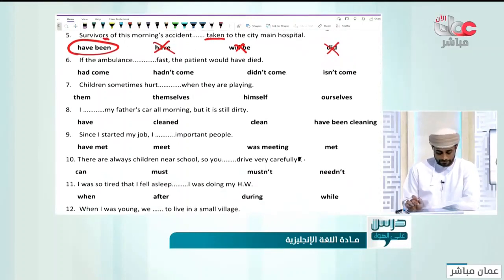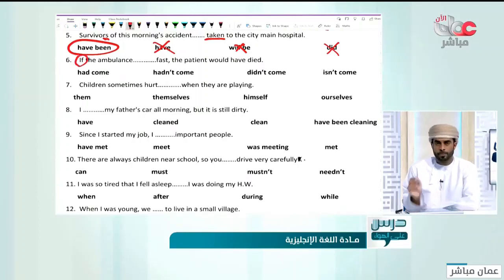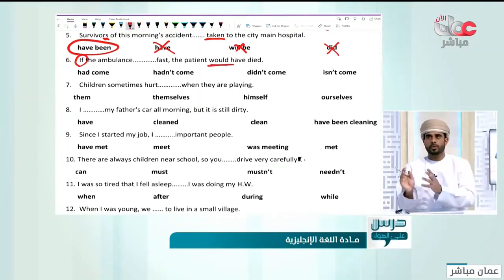multiple choices there. If the ambulance fast, the patient would have died. This is the if clause. See in here, the would. And we have would have died. Let's remember, would, with which tense do we use it in the if clause?